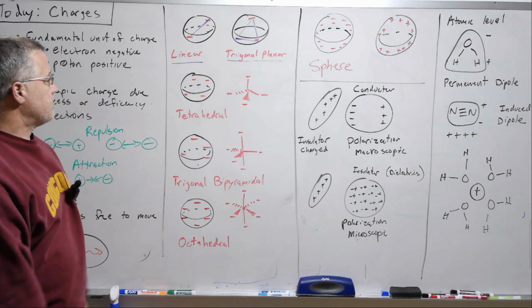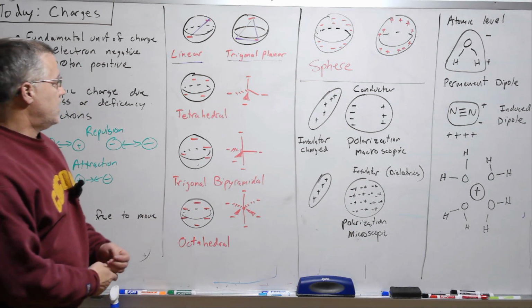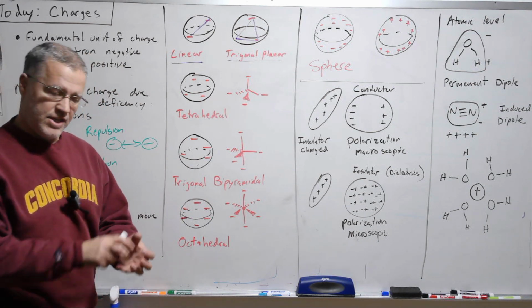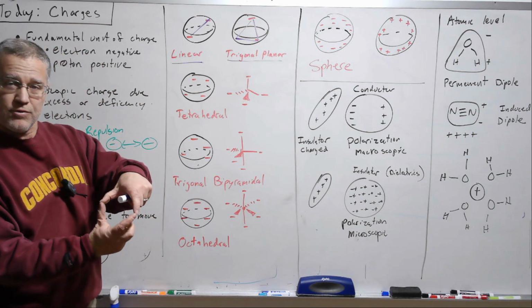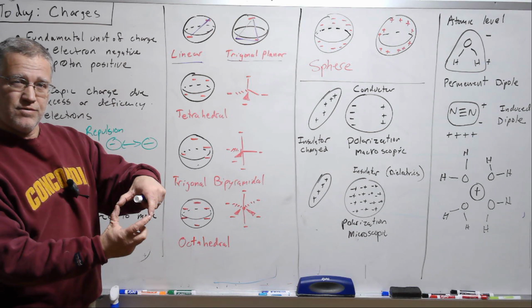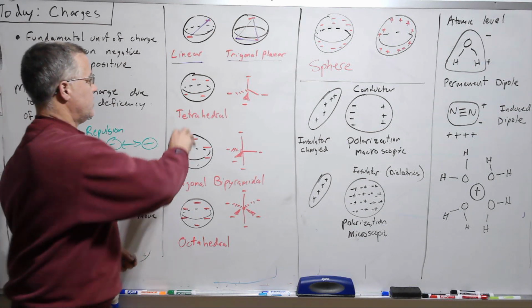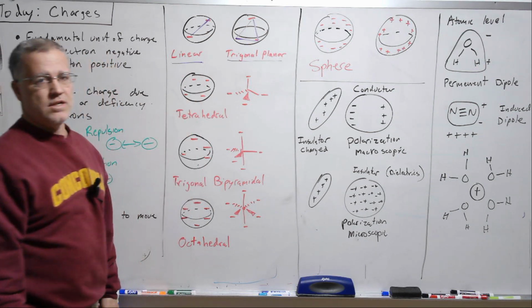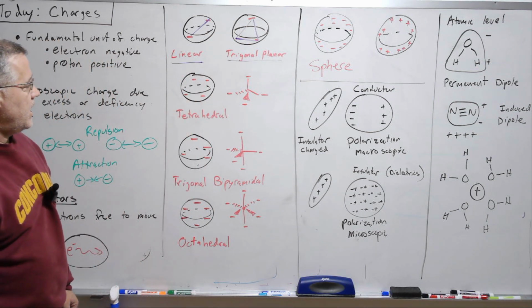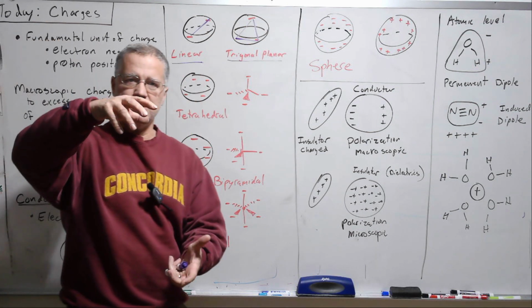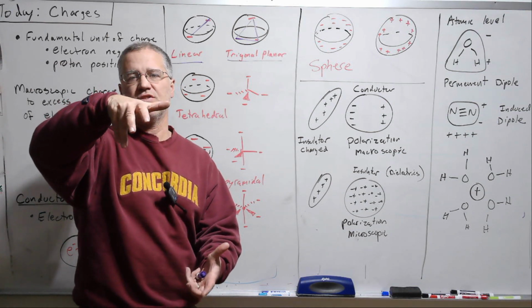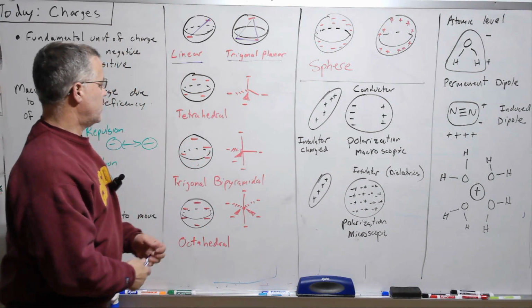Well, now let's add a fourth electron. Okay, if we were stuck in two dimensions, then we would form a square, but we're free to come out into the third dimension because this is a three-dimensional solid metal sphere. And so the shape that will get the electrons farthest apart is a tetrahedron.